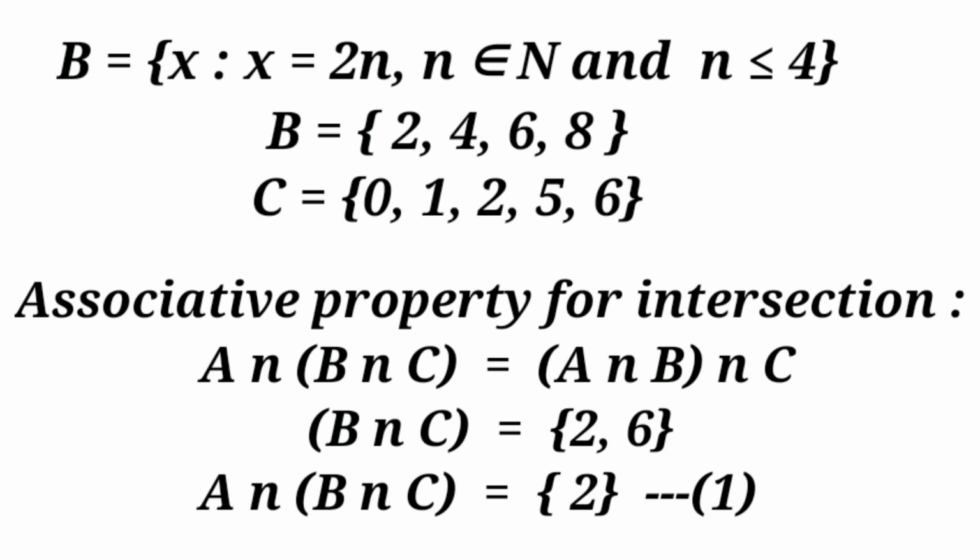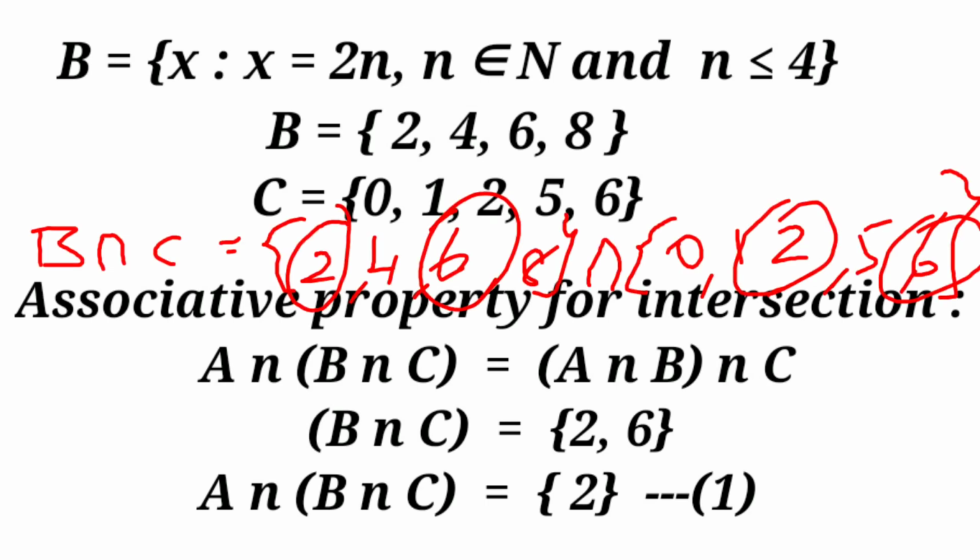Then the associative property for set intersection is A intersection (B intersection C) is equal to (A intersection B) intersection C. Left hand side, A intersection (B intersection C). First we find B intersection C. B intersection C is equal to {2, 4, 6, 8} intersection {0, 1, 2, 5, 6}.